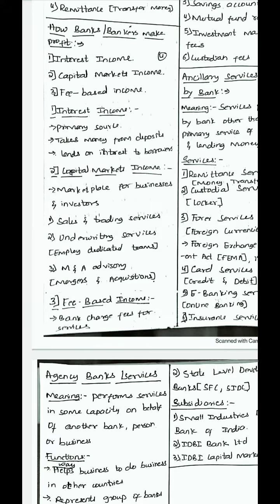Then they provide underwriting services. They help underwrite the capital expenditure. The bank employs a dedicated team for its underwriting services. Then we have M&A advisory services, mergers and acquisitions. If a bank or an individual or a business is trying to merge with another business, then the bank will assist them by charging a certain fee.